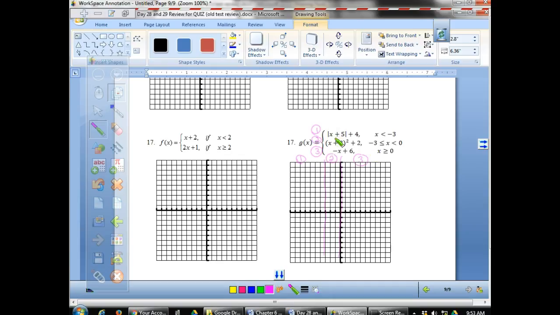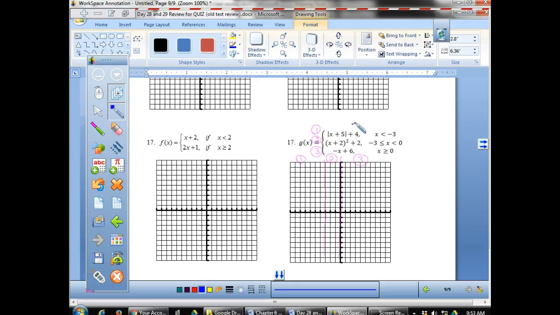Okay, now this is an absolute value, and it's been translated to -5, +4. So I'm going to go to where -5, +4 is, put a hole there, and then I'll decide if I have to bubble it in. I'm not going to bubble it in because that is not, oh, I'm so sorry. I do need to go to that point, but it's not on my line. So I'm going to start with the point there. So -5, +4.